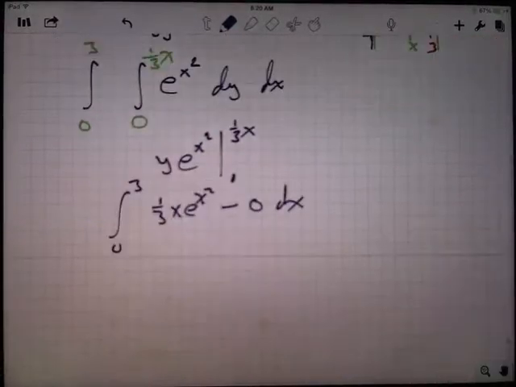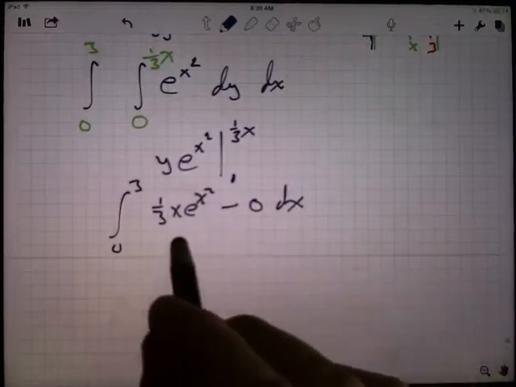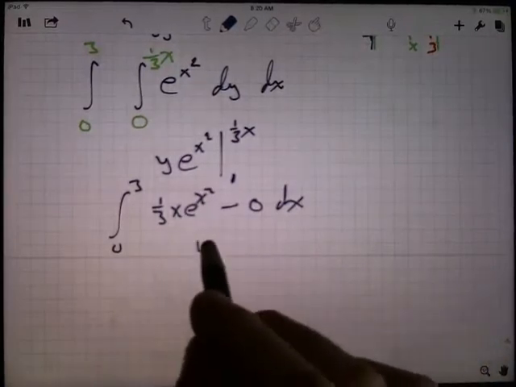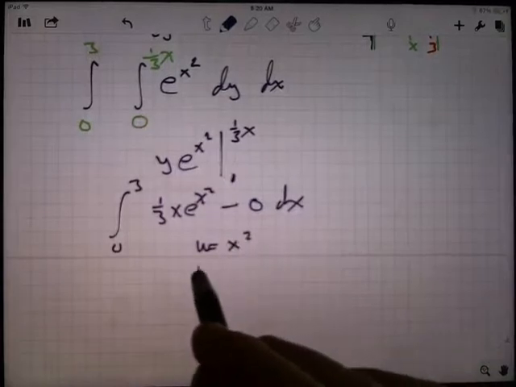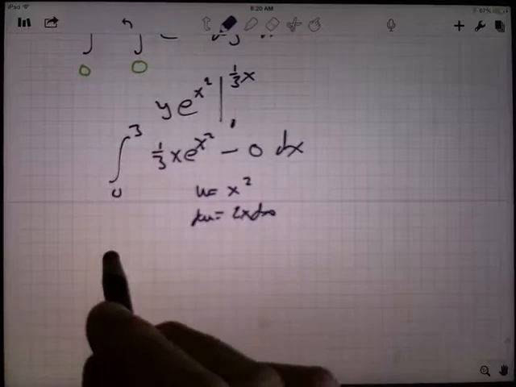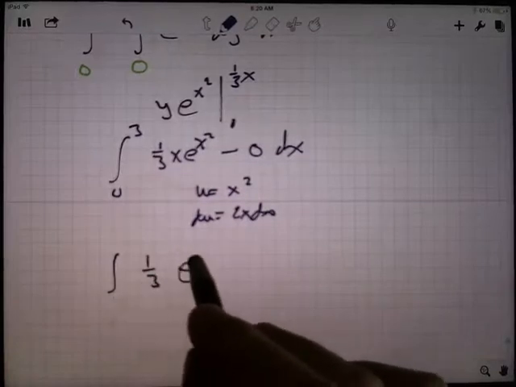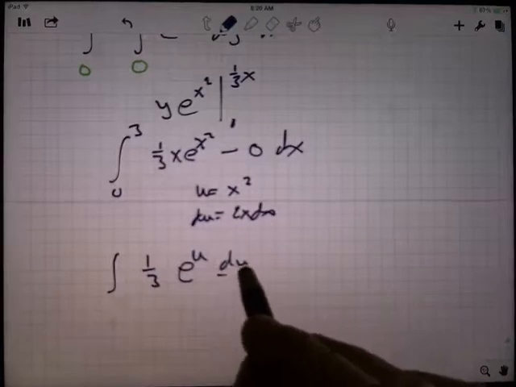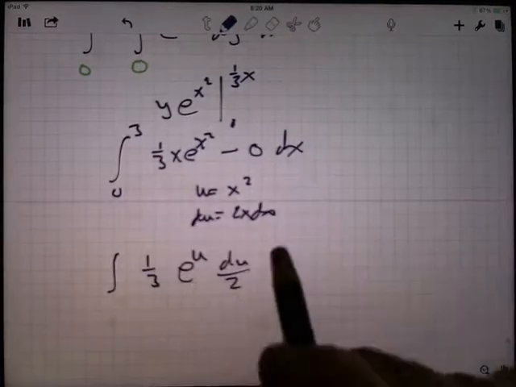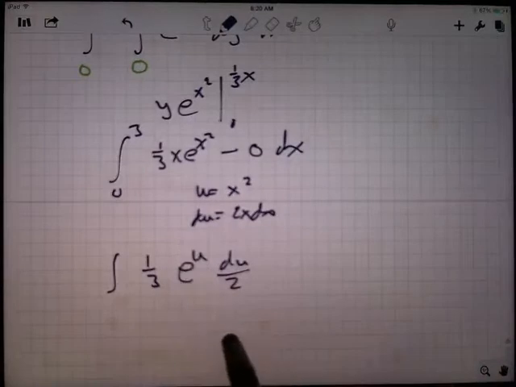Well, now this is an easier one to do because I've got this x in here. Because I can do a u substitution with u equal x squared. du is 2x dx. So I'm looking at an integral of 1/3 e to the u du divided by 2. The x dx turns into du divided by 2. Okay.